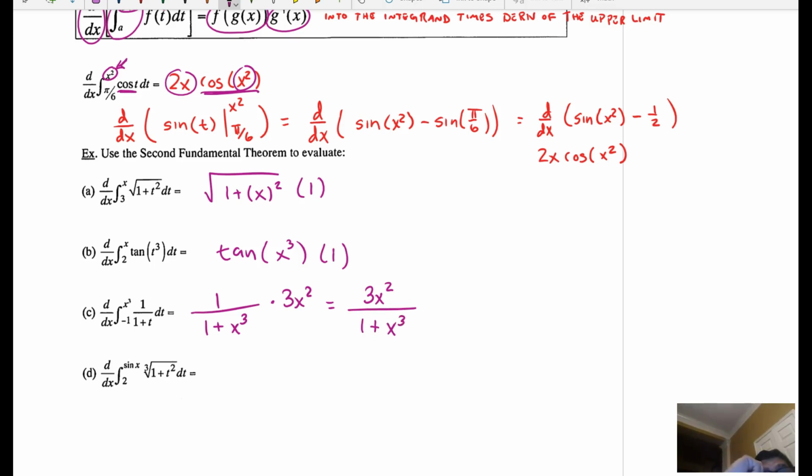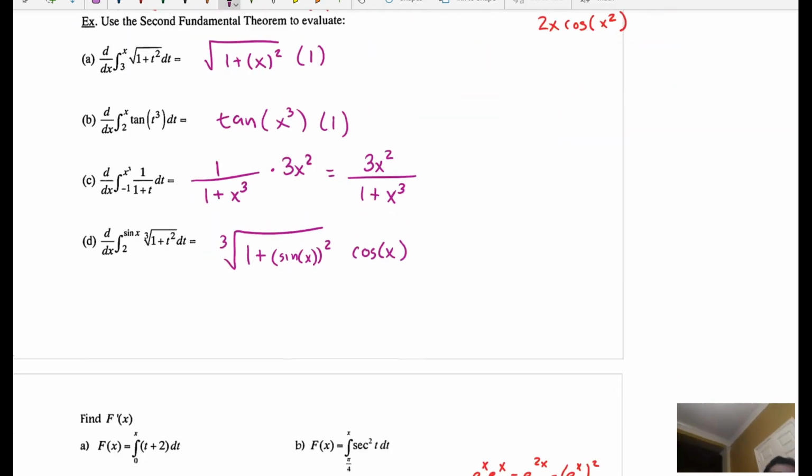Same for the next one, and the last one. The derivative of sine is cosine. And then this one we could rewrite with that exponent next to the trig function.